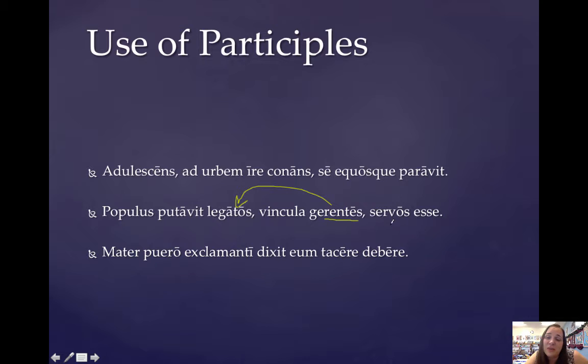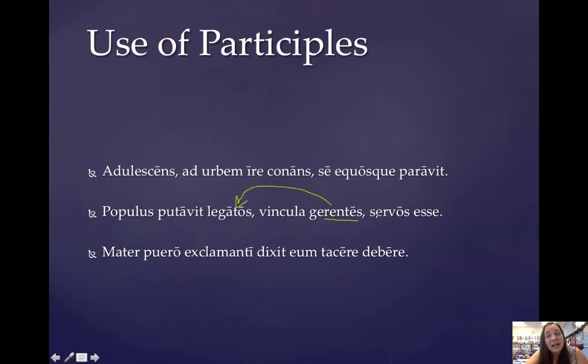And again, notice that we're translating this esse, which is a present infinitive, as a perfect, because we have a perfect main verb, putavit. They thought that the ambassadors were slaves. They thought that the ambassadors who were carrying or who carried chains were slaves.